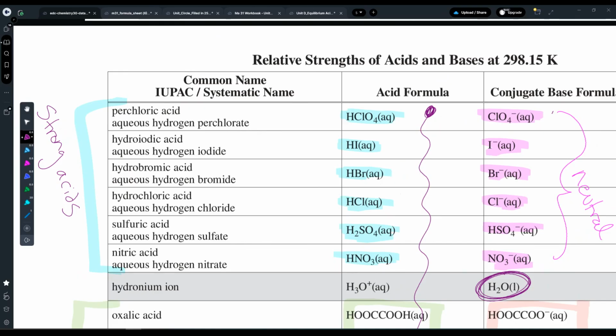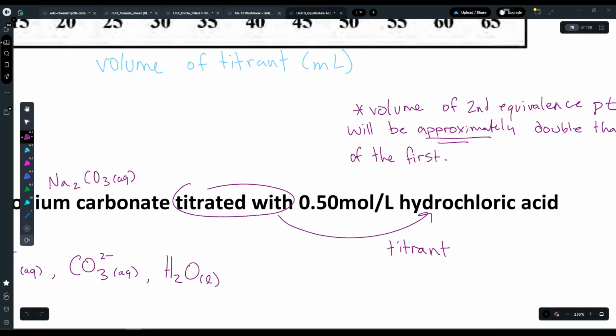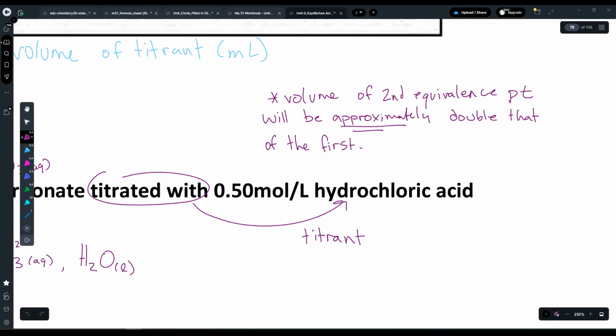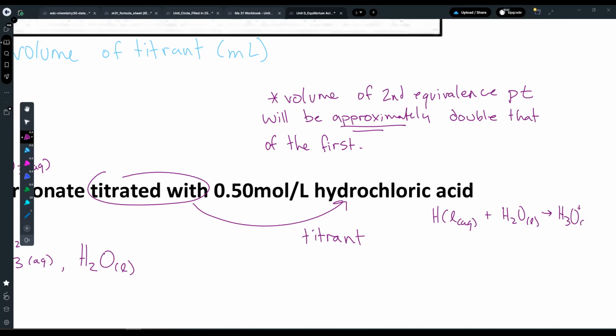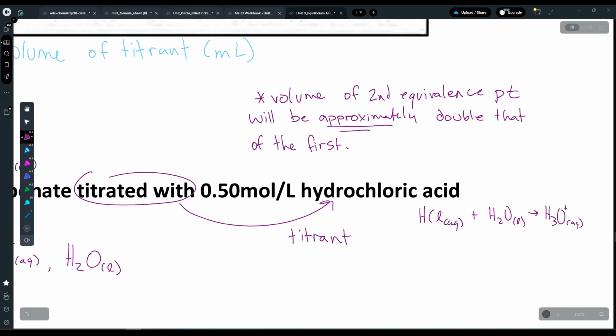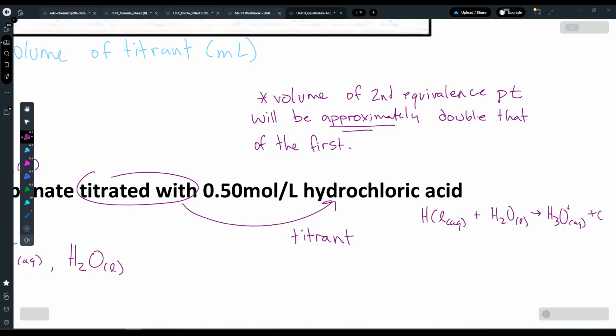So the quickest reaction happening here is hydrochloric acid reacting with water to produce hydronium ions and the conjugate base of our acid.